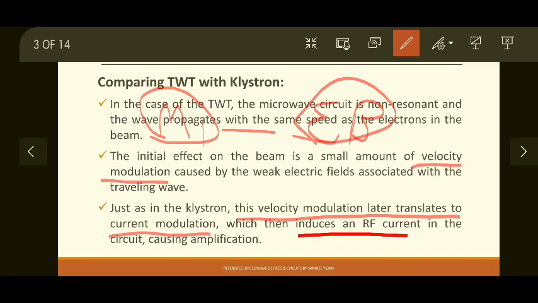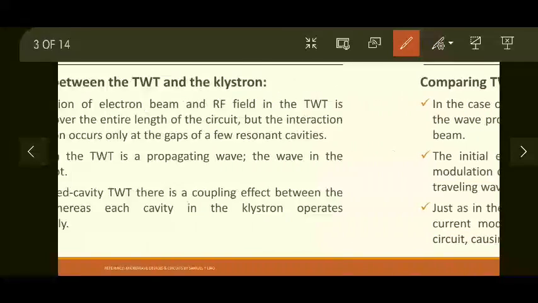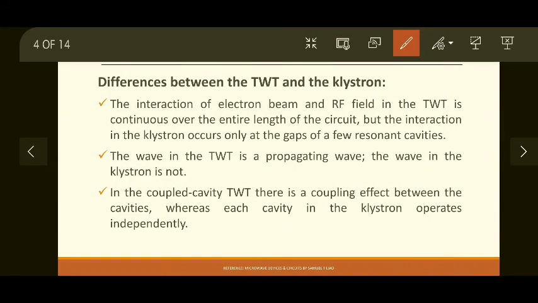That energy is transformed into the current, and that is current modulation, causing amplification, because the flow of electrons is nothing but a current. So that's why current modulation is achieved through this velocity modulation that we have seen in klystron. So the same thing happens in the TWT also. Now we are going to see the differences between TWT and klystron. Now what is the difference?